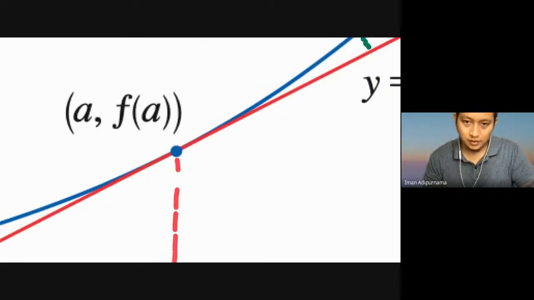I think on your screen right now, or on your smartphone or laptop screen, you will notice that if I mark this and this, the curve and the tangent line seem to be the same. It seems so in our eyes, right?